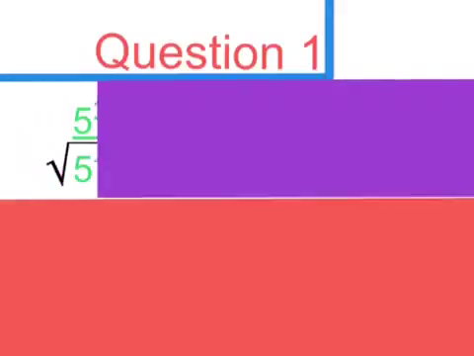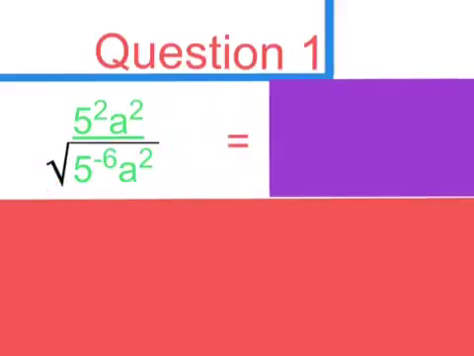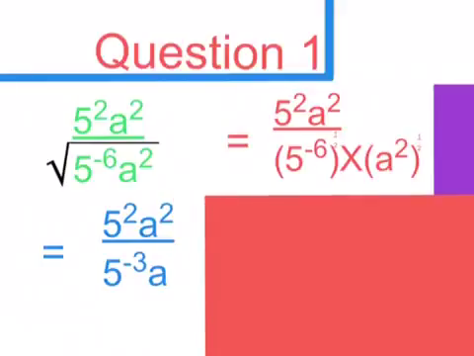Let's look at our first question. What we do first is take out this square root. To do that, we need to divide these powers by the square root, and the square root is 1/2. So this is the operation, and it should equal this.